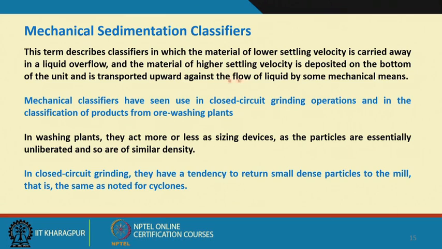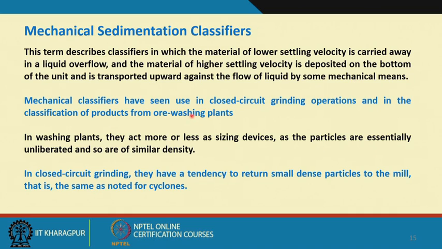But how do you collect the relatively higher settling velocity particles that have been deposited on the bottom of the unit? You should have some mechanical means to transport them and take them out of the system. When you use mechanical means for product recovery, we call them mechanical classifiers, and these are more popular in certain industries.